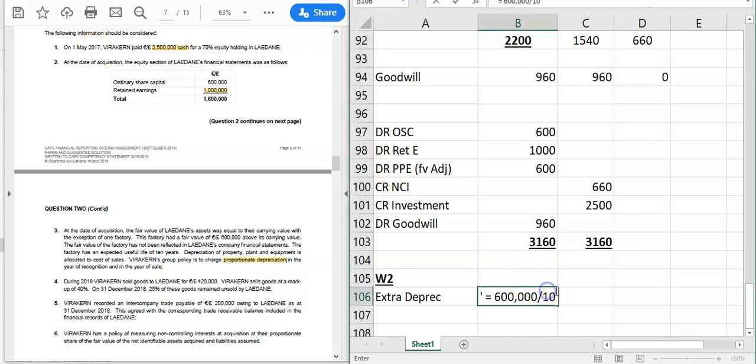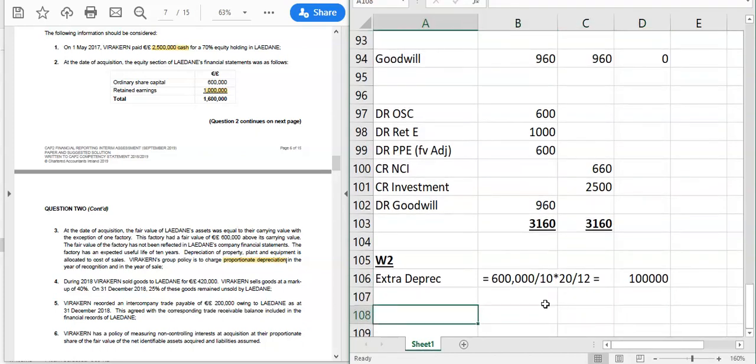So that is actually going to be times 20 over 12, 20 months. 8 months in 2017. From May to December, 12 months in 2018. That was a tricky one that a lot of students got caught out on. So it's going to be 60,000 for 1 year, 600 divided by 10, times 20 over 12. 100,000 extra depreciation. Alright, so that's an important one that you put a bit of practice into. Read the question carefully or you will get caught out.